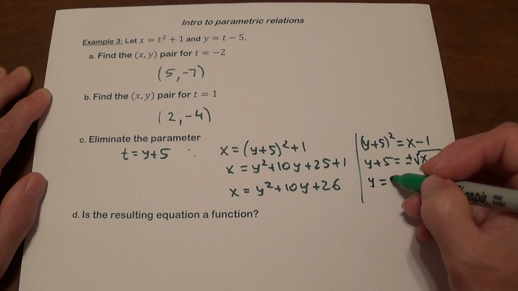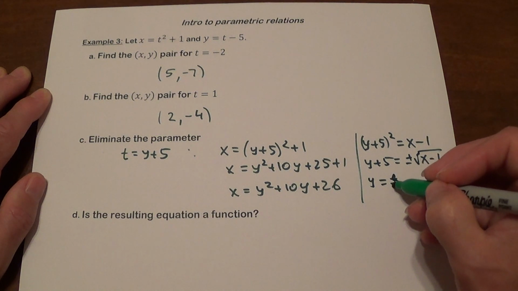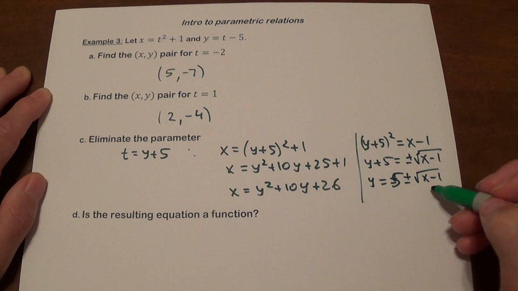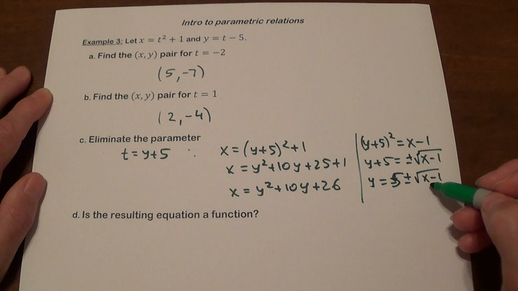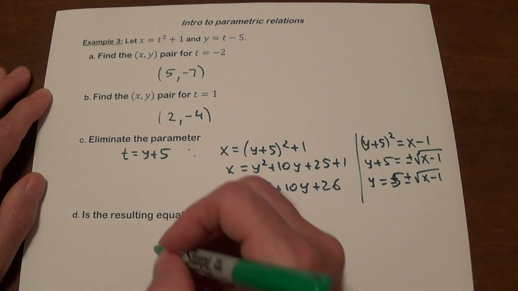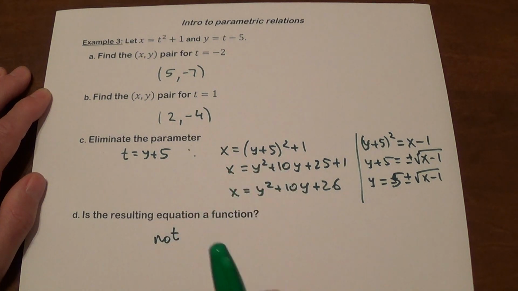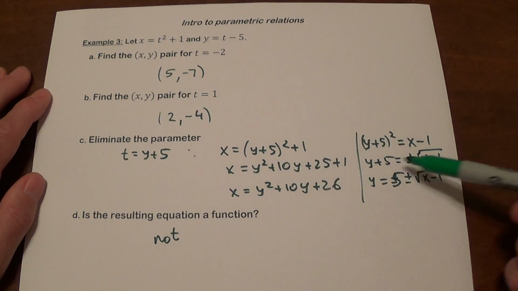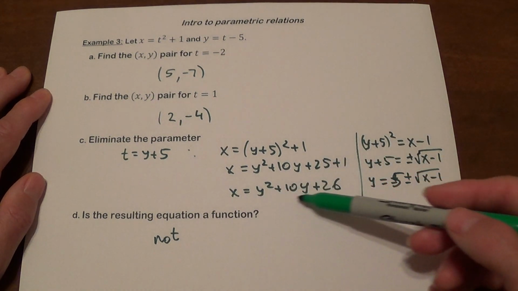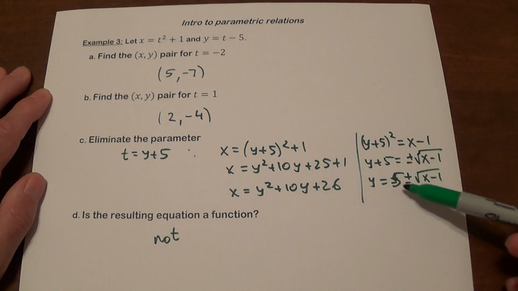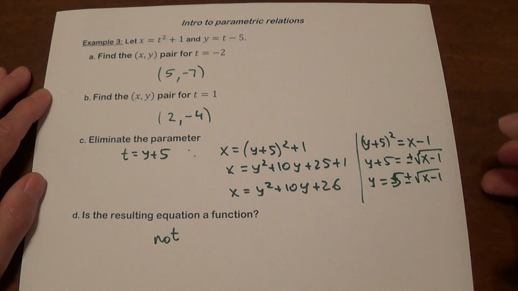Let me write it as y equals 5 plus or minus the square root of x minus 1. So for any value of x that I can use in this function, you are going to get two different values of y. That's not a function. But by the way, the previous step is enough for you to do elimination of the parameter. This is just to help you understand why this is not a function.